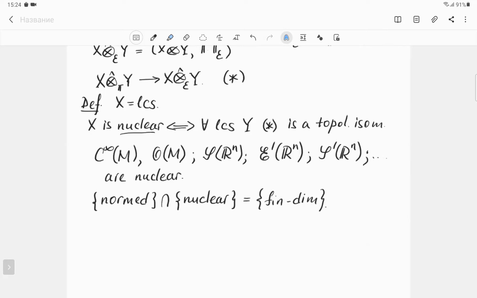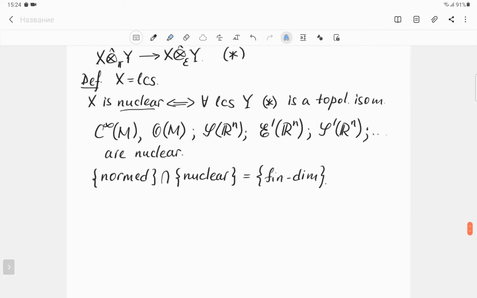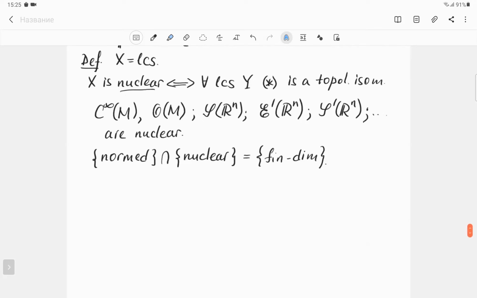Another natural question is the following. Can we extend the maximal or the minimal C-star tensor products to the category of Banach spaces? Well, in general, there are two natural candidates for such an extension, namely the projective and the injective tensor products. So in the general case, we have the following chain of inequalities.